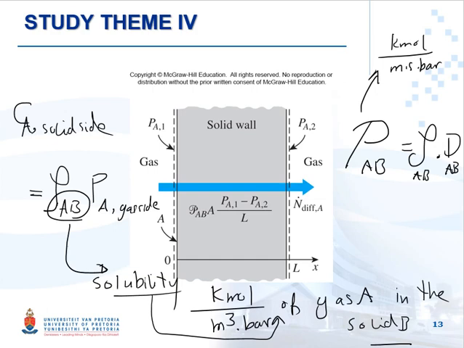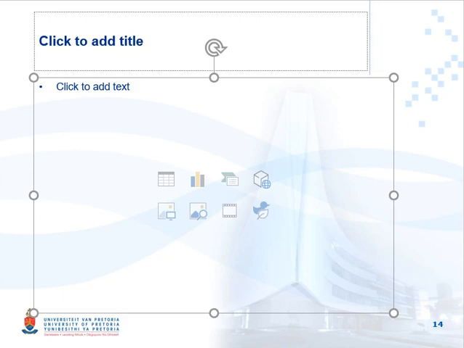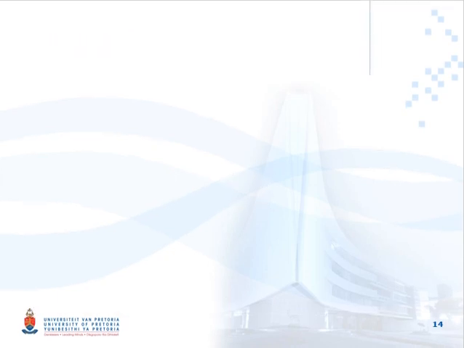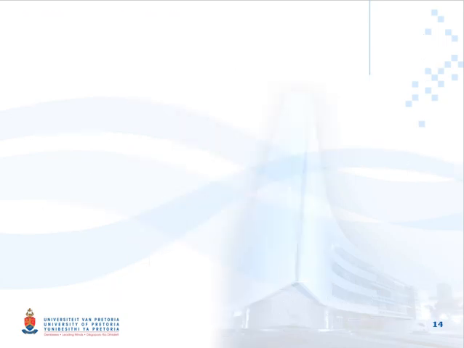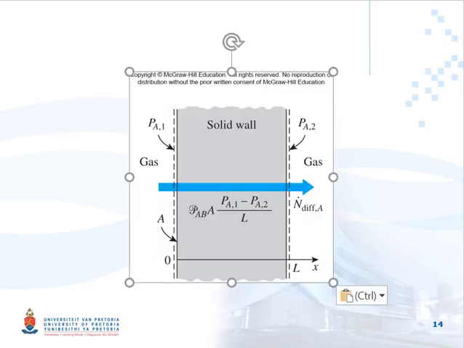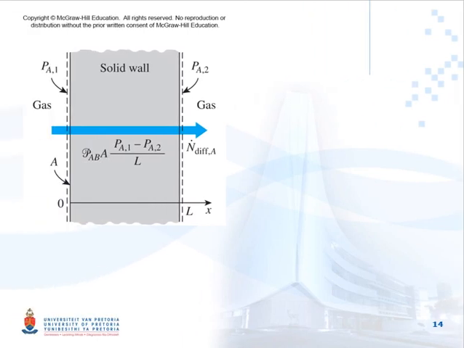So let's try to see what we can do with this picture. Let me bring this picture to this side and make it a little less busy. So the molar flow rate of a gas through a solid under a steady one-dimensional non-reacting condition can be expressed in another way as well.